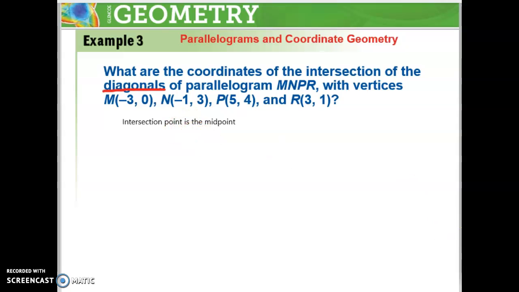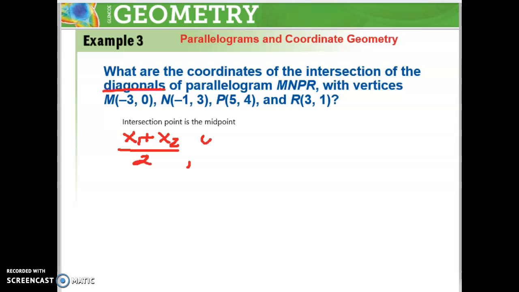So if we got a midpoint, that means we are going to have to do a formula, and I'm going to draw this in here because it's probably easier than writing it in there. When we talk about the midpoint formula, if you guys remember, it's x1 plus x2, and then we divide this whole thing by 2, and that's the first coordinate.